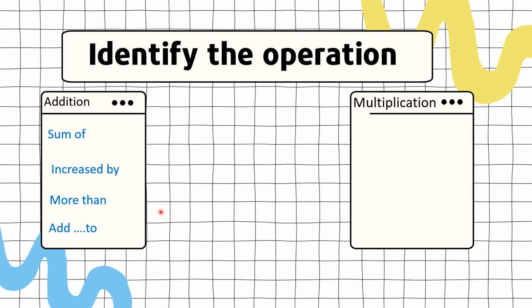And what about multiplication? Product of, times, and multiply by. If I see any of these words, I automatically use the multiplication operation in the algebraic equation.